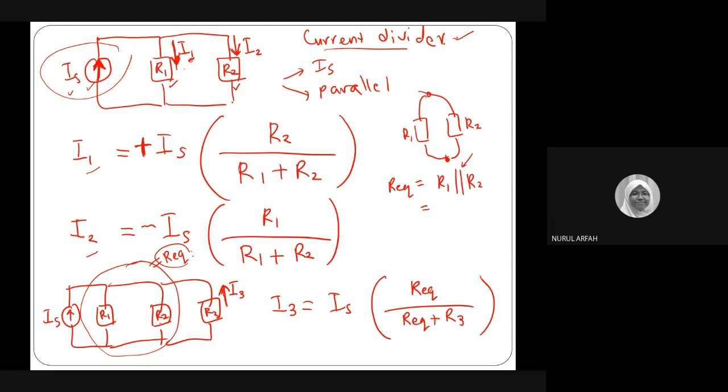So this one should be R1 inverse plus R2 inverse and inverse everything. So either you write down R equivalent like this, or you can write it in terms of R1 in parallel with R2.